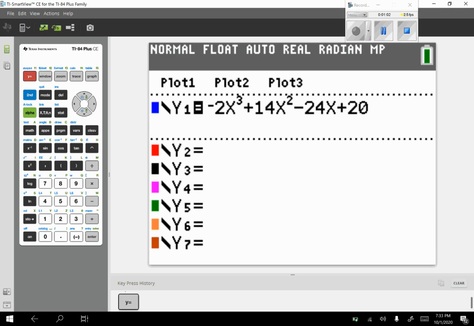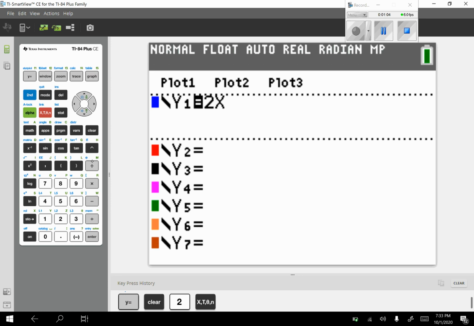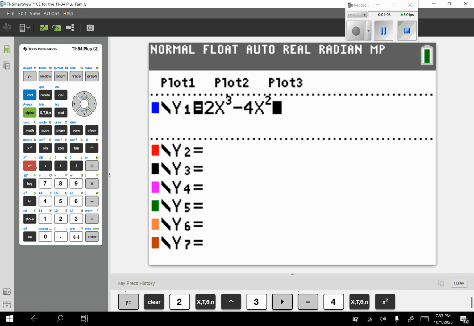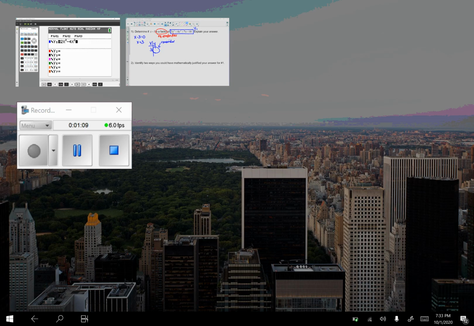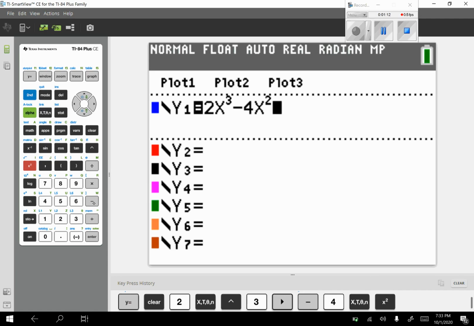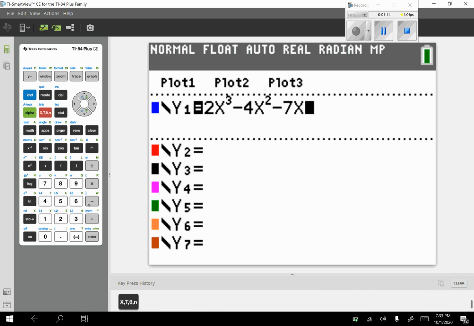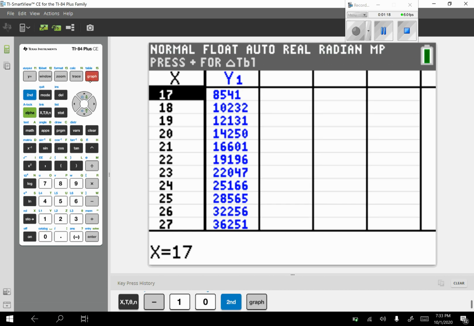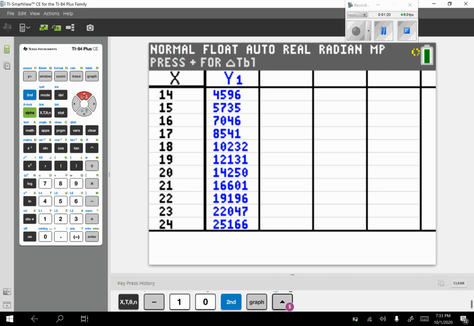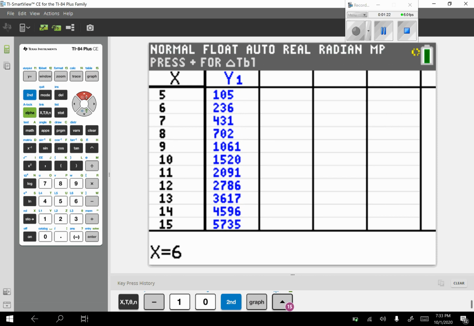So y equals, I have 2x cubed minus 4x squared minus 7x minus 10. Now I'm going to go to my table by hitting second graph. I'm going to scroll to find 3.